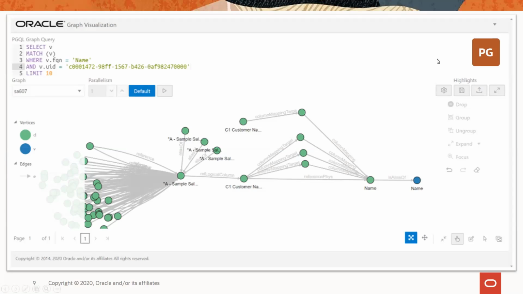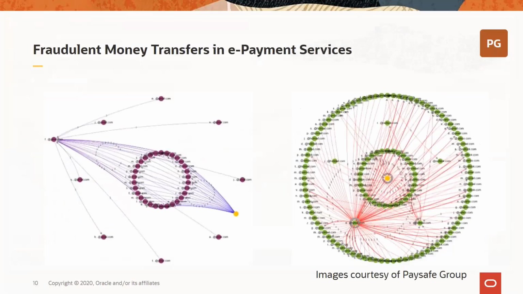Yeah, good stuff. Indeed. What we've seen a whole lot in customer situations at the moment is actually related to security, but in the wider sense, it's to do with fraud detection.